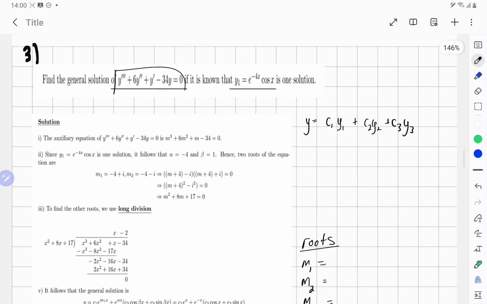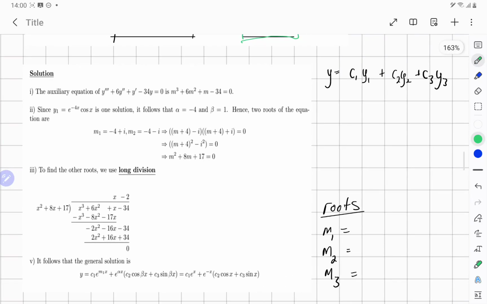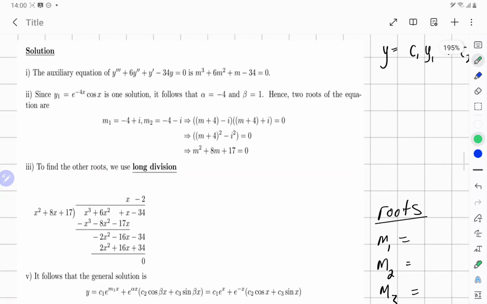But now, this is a different type of question. They've just given us one solution. So let's recap. We are just given one solution, e to the negative 4x cos x.